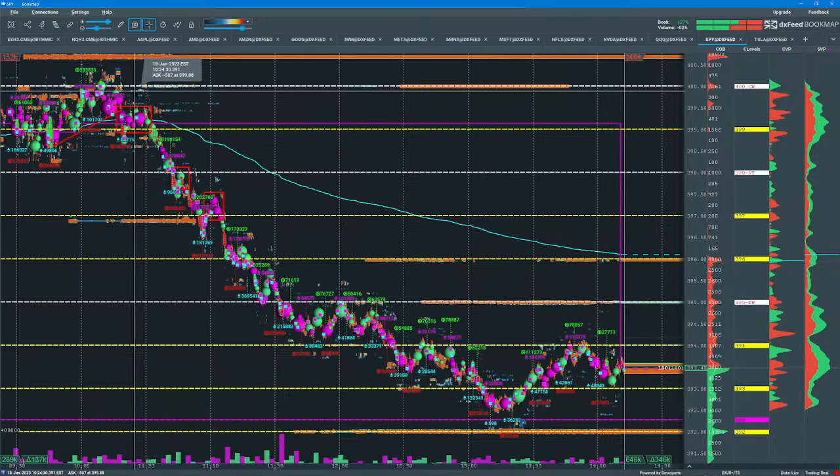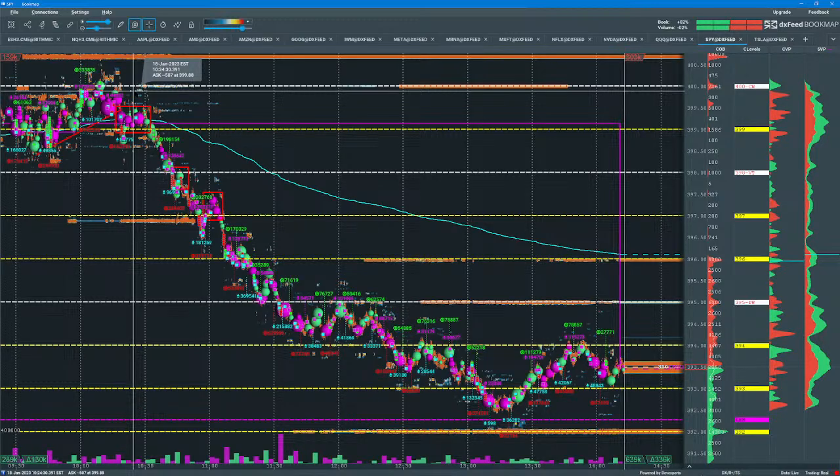And on a 0 DTE option, I'm going to buy an at the money, and that's going to give me the greatest amount of gamma. So that's a good way to go. A 0 DTE is an option that expires today. The best approach is to look at around the 50 delta, the at the money, and that's going to give you the most bang for your buck. That has the highest gamma, which is the rate of change of delta, and that's what you're looking for.